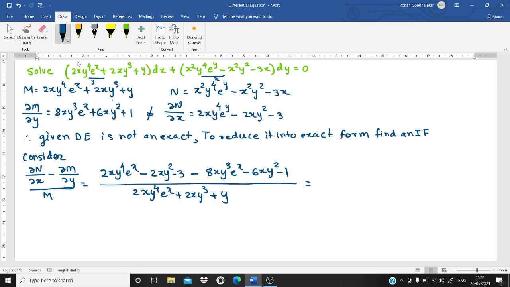Okay, so I just missed something while writing the terms. 2x y raised to 4 e raised to x, 2x.